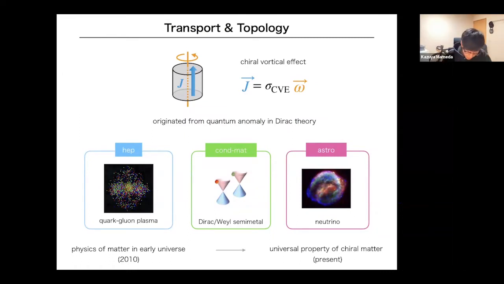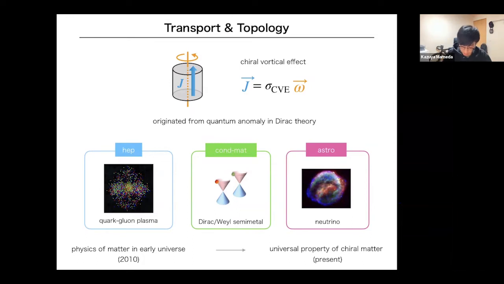Originally, such unusual transport phenomena were just a topic of matter existing in the early universe, namely the quark-gluon plasma.